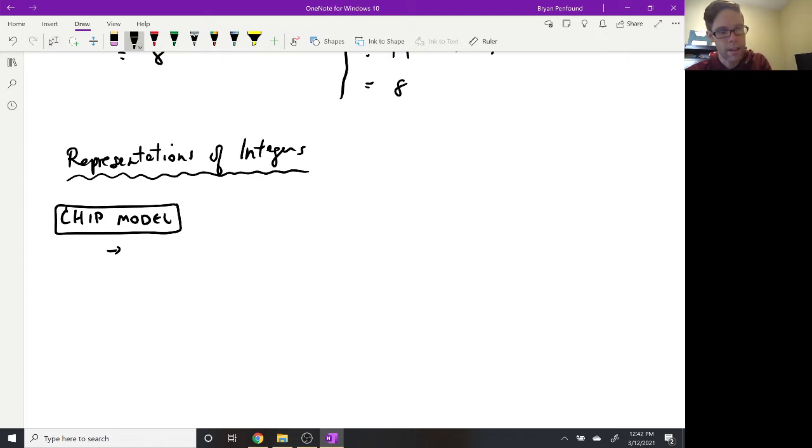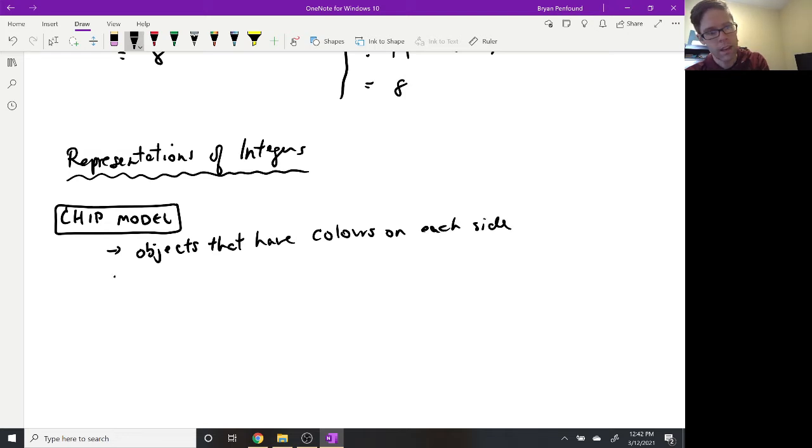So ideally we have objects that have a color on one side and a different color on the other side. And the idea is that we let one of the colors represent the positive number, and we let the other color represent the negative of that same number.